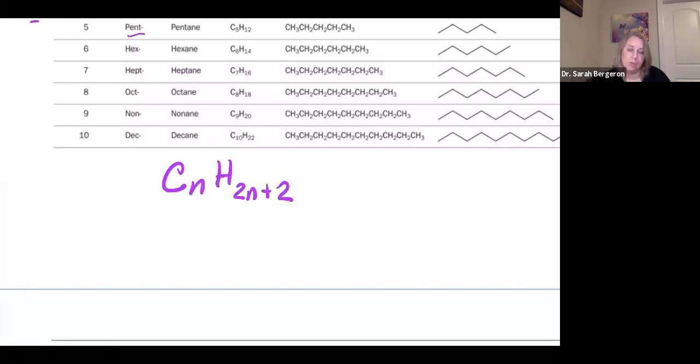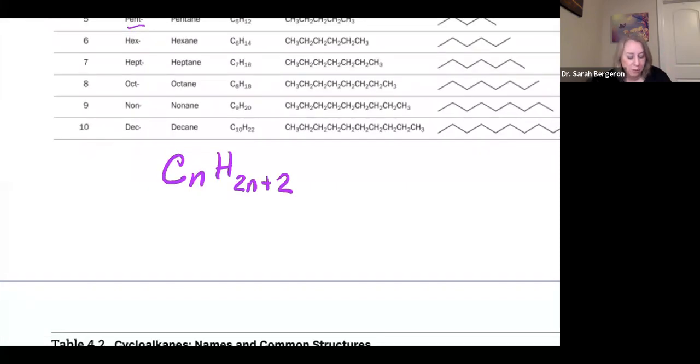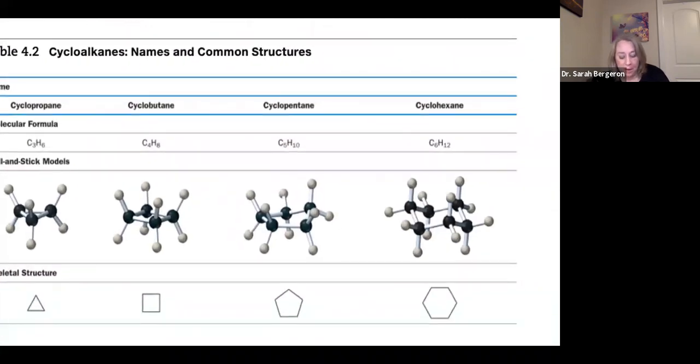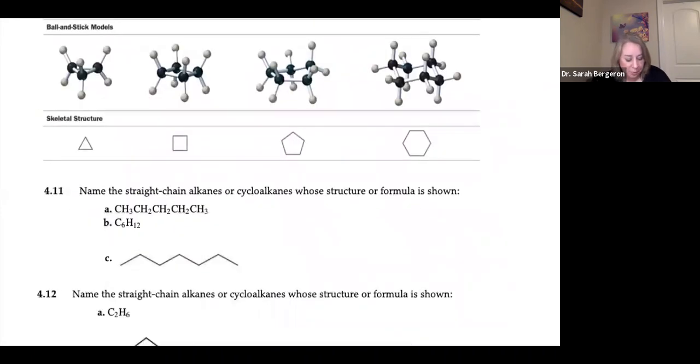CnH2n+2. So however many carbons you have, you want to know how many hydrogens, you multiply by 2, you add 2. Okay. And then remember, your formula for a cycloalkane is different. However many carbons you have, if you want to know your hydrogens, you just multiply by 2. Okay. So remember those formulas. It's going to be really, really important.